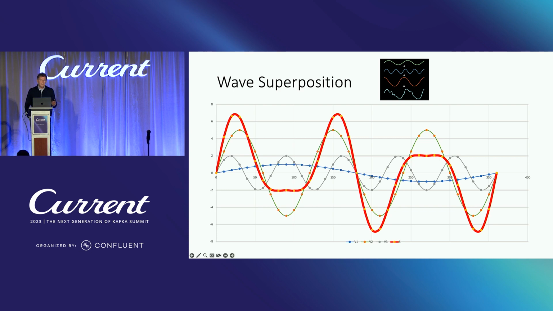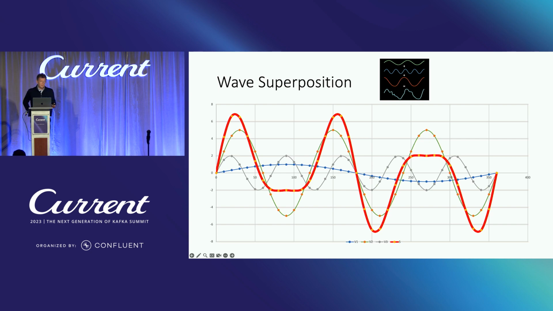Basically, any signal in the world could be dissolved into multiple curves. Like in this example, you have 3 waves, and the red one is a superposition of all of them.